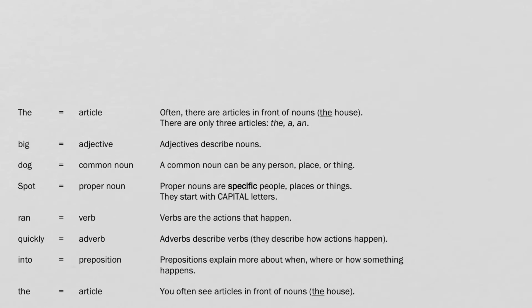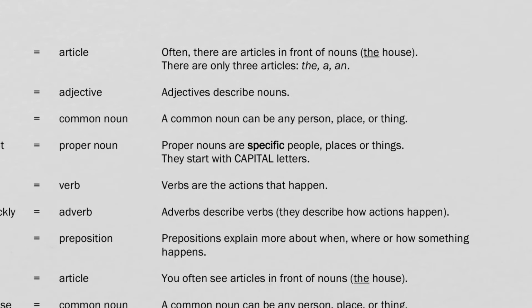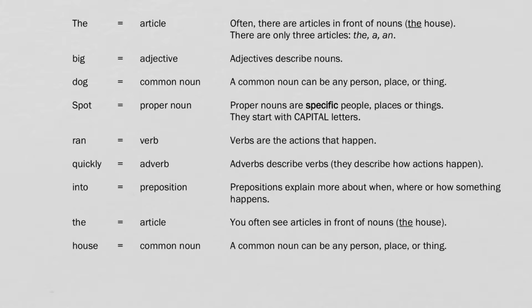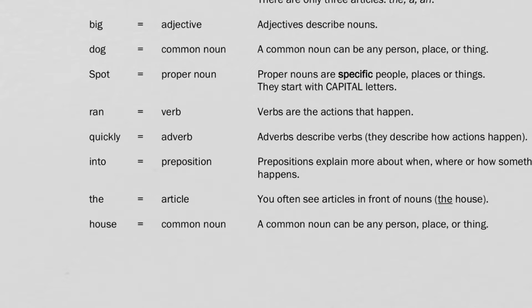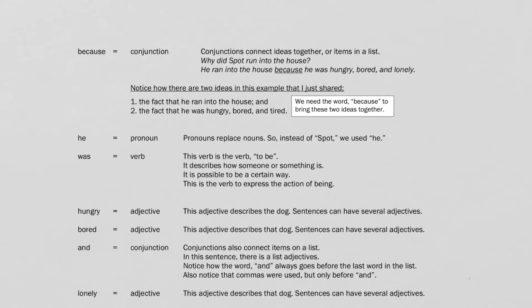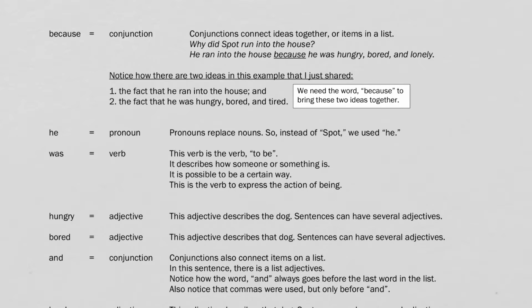And what's great about articles is there's only three of them, the, a, and an, right? So there's some extra little information here, right? Reminders about how these different words are used and what part of speech they're from. And again, I go through all of them.